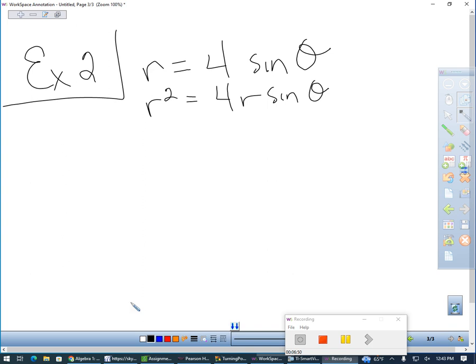Now I switch out the r squared and the r sine theta, right? R squared equals, good, x squared plus y squared. And over here, r sine theta equals y. Very good. So we get 4y over here. Then we said the next step was to move that term over.